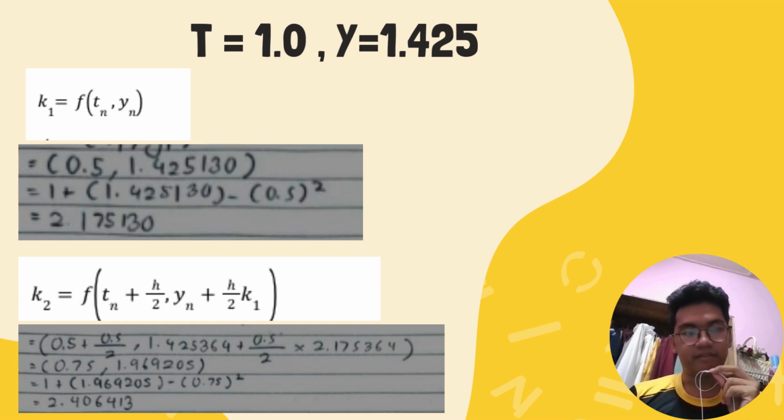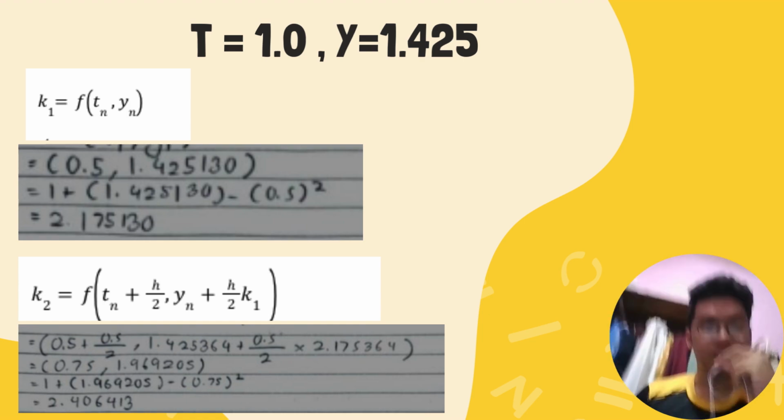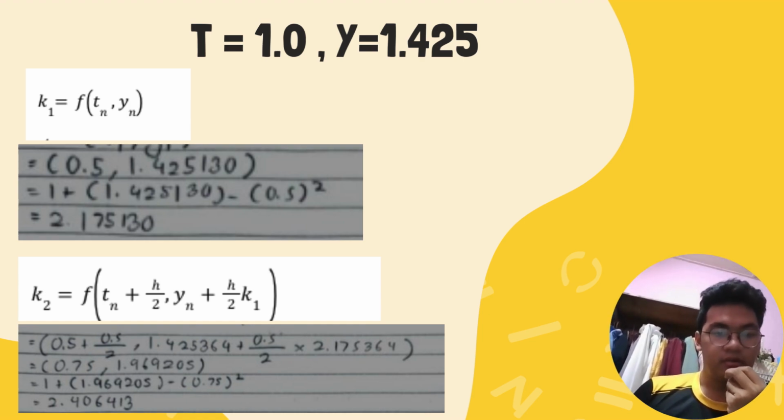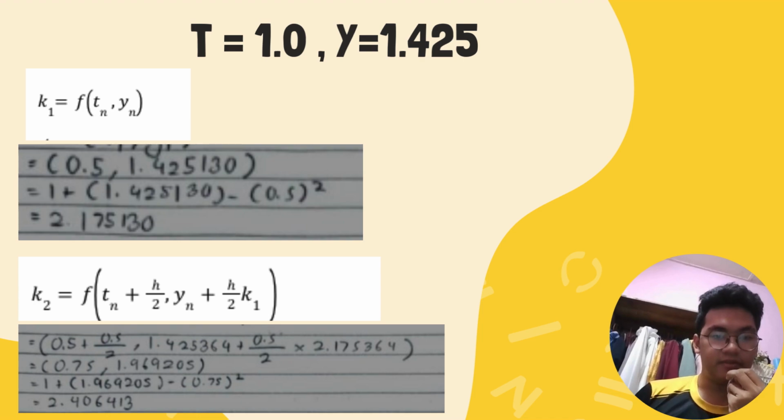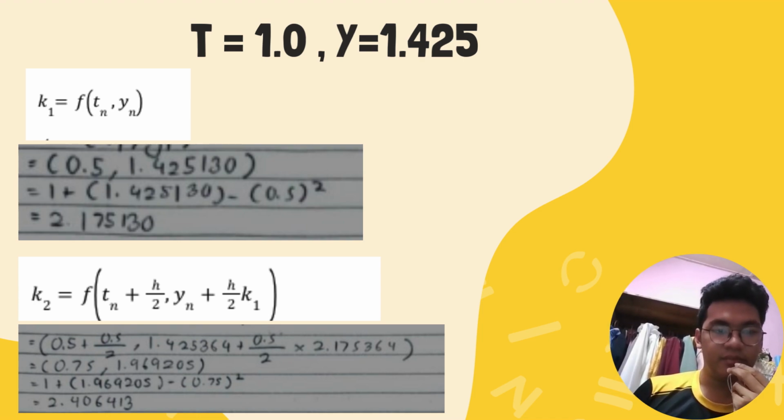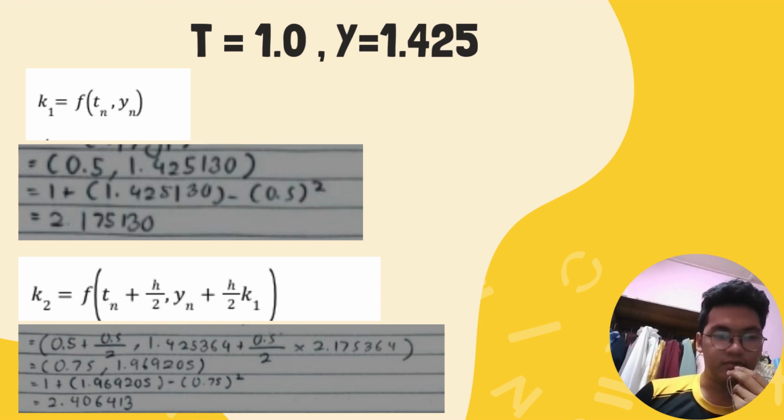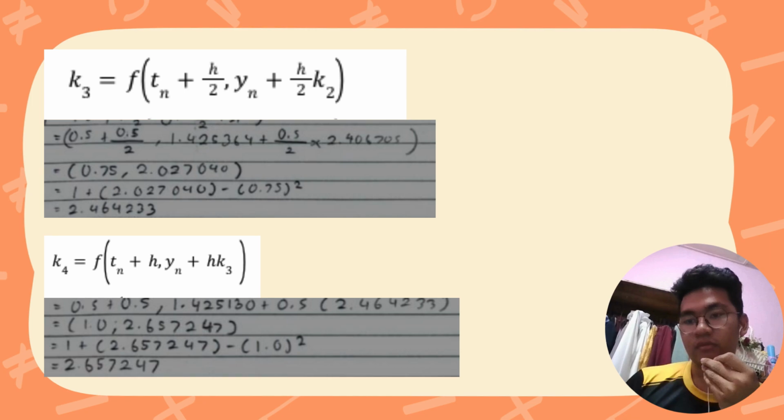Then we move to the second part, that is k21. We substitute the value into the equation and use the y1 value, and we get the value 2.406413.